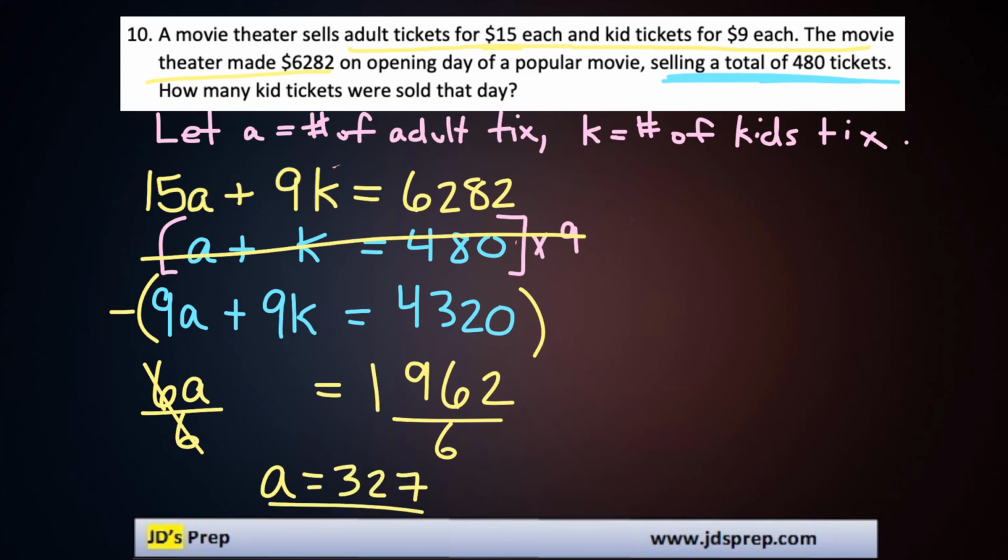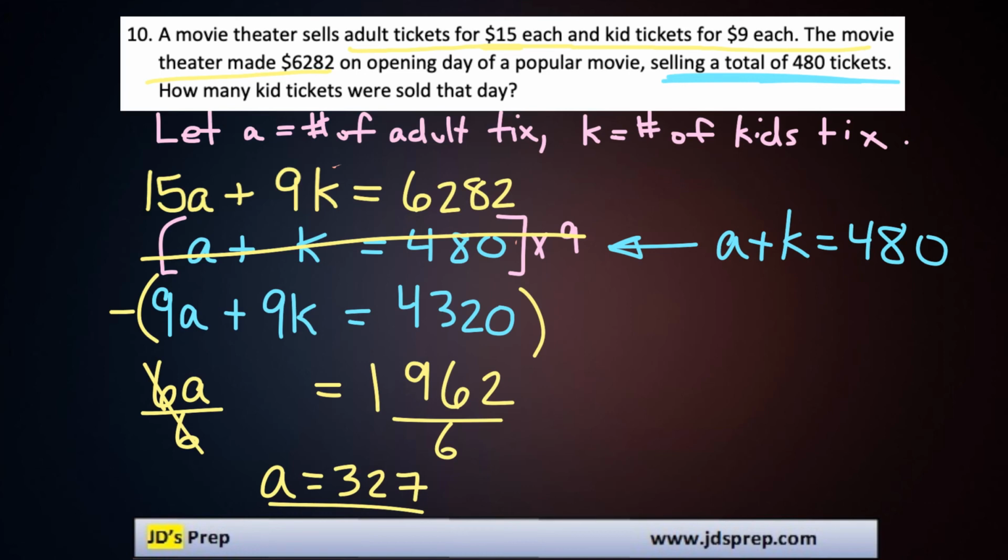Now, that's not our answer though. That's the number of adult tickets sold. We wanted to know how many kids tickets were sold. So to figure that out, we would go back to our original blue equation here, which was A plus K equals 480. Remember, we know that the total number of tickets has to equal 480.